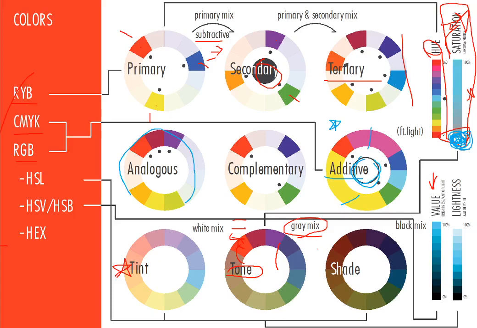And complementary colors is two colors directly looking at each other on the color wheel. This scheme provides a lot of contrast. Contrast, we're going to take a look at contrast next week, I think. Okay, saturation.